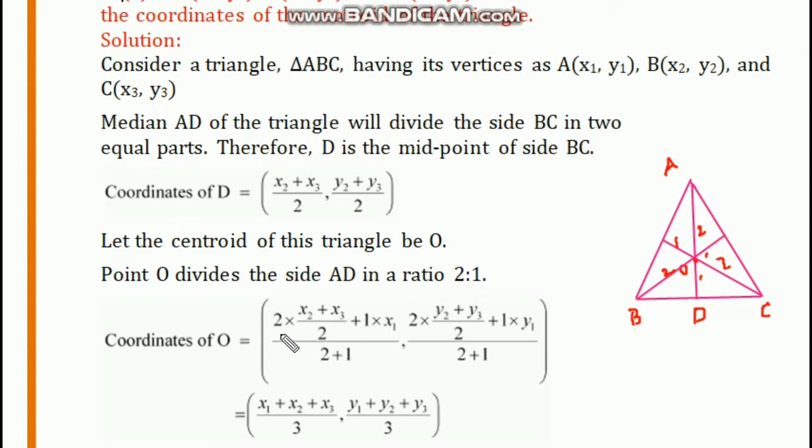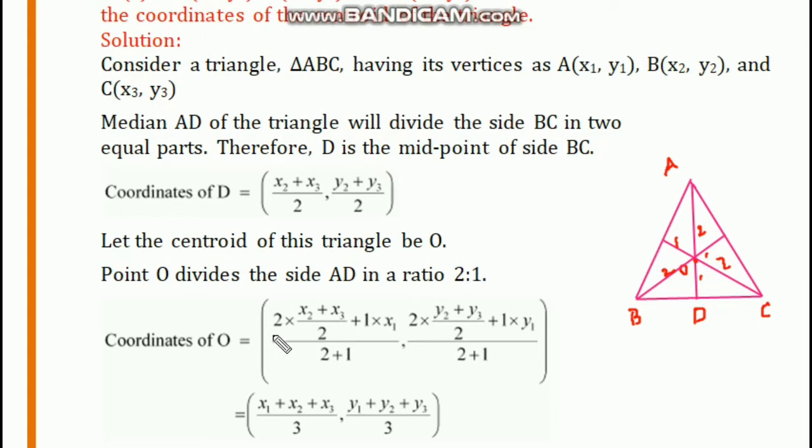Substitute in the formula: m into (x2 + x3) divided by 2 plus n into x1, that is 1 into x1, divided by m plus n, 2 plus 1, comma 2 into (y2 + y3) divided by 2 plus 1 into y1, divided by 2 plus 1.